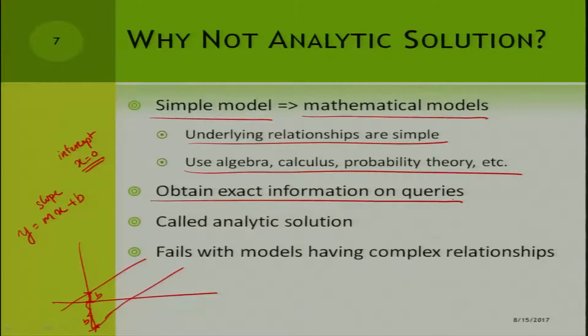So, if I say y equal to 3x plus 10, then I can exactly find the value of y for any given value of x. If I say x equal to 7, then y equals 3 times 7 plus 10, which is 21 plus 10, that is equal to 31.